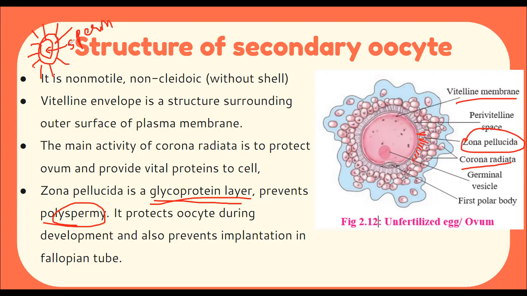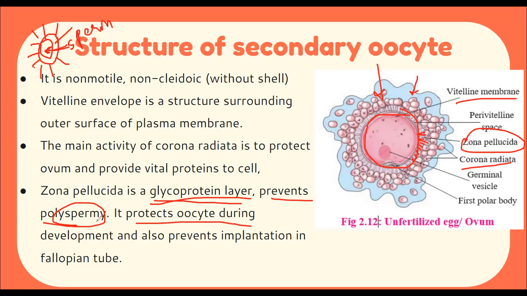As soon as one sperm enters the egg, it's like the gate of the secondary oocyte is closed. There will be some structural and physiological changes wherein the membrane structure will change, and then no sperm will be allowed to enter the egg. So zona pellucida is the layer which gives this function, preventing polyspermy.